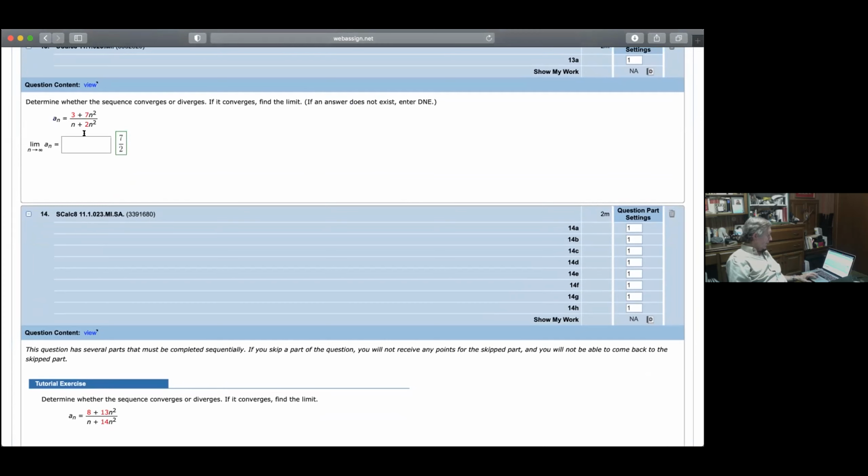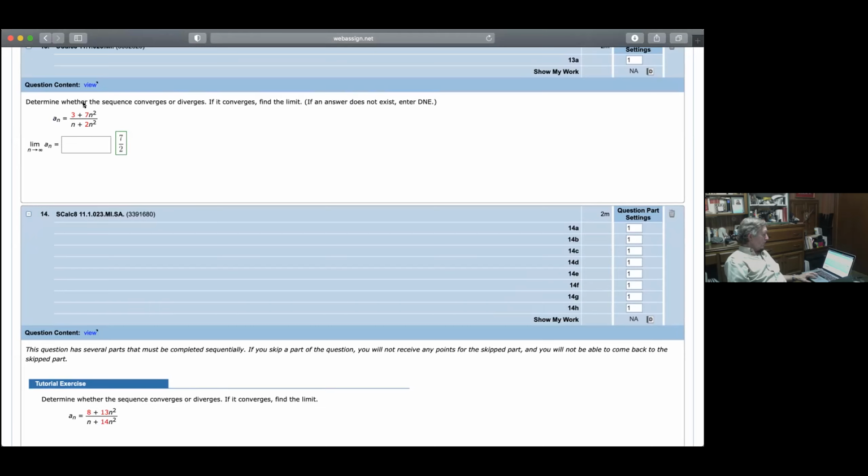What do you do with this one? I would divide by n squared all the way across the numerator and denominator. So when I do that, I get 3 over n squared. That's going to go to 0. Then this is going to go to 7. When I divide by n squared, this is going to go to 1 over n. 1 over n, where does that go? When n goes to infinity, goes to 0. And this goes to 2.